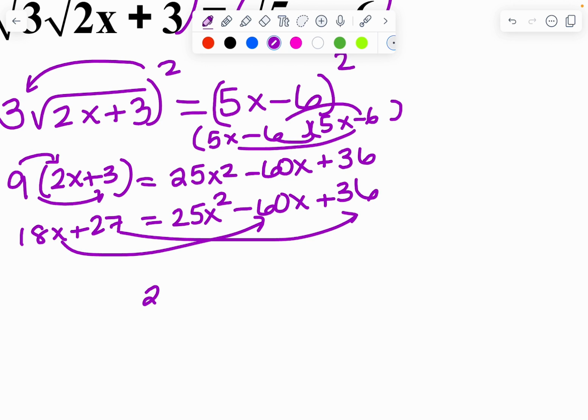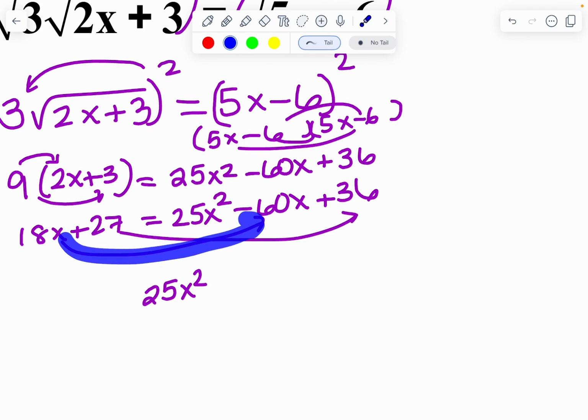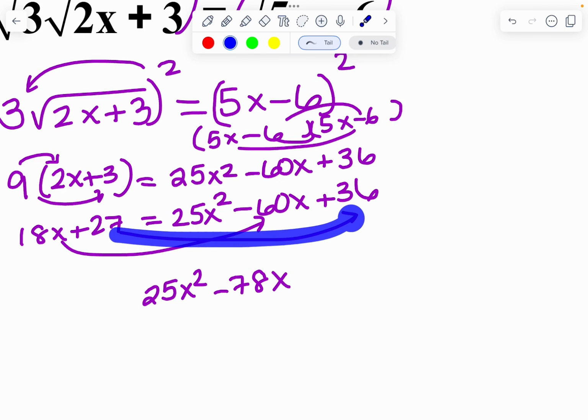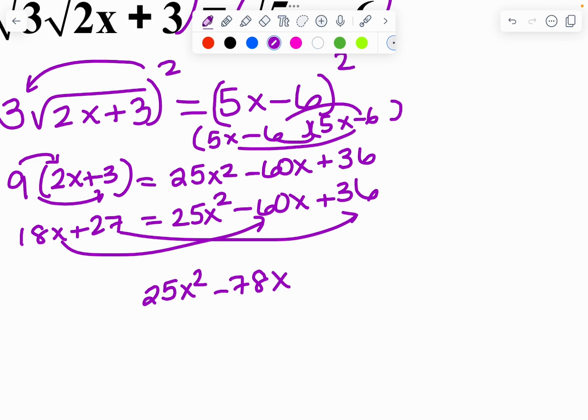So I have 25x squared. Then I have negative 60x, now minus an 18x, which is minus 78x. And then I have 36 minus 27, which is 9, equals 0.